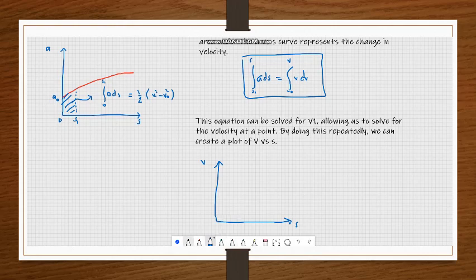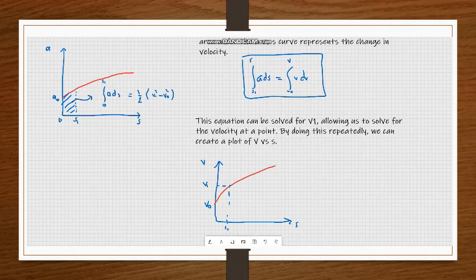Okay, let's draw a line, more hyperbolic, like this. We know our initial velocity, and at position S1 we can define our velocity v1, and we can construct our velocity and position graph.